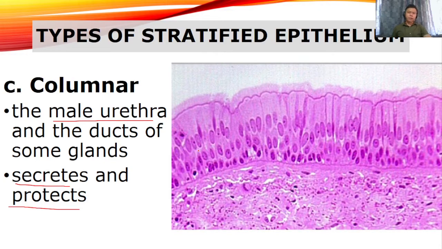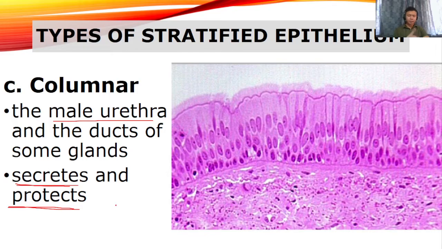So in the male urethra, there is also a lubricating system, okay, which is useful during sexual intercourse, which also lessens the friction that might damage the tissues or the cells. Okay, so it secretes lubricating materials in protecting the linings of the tissues or the cells.